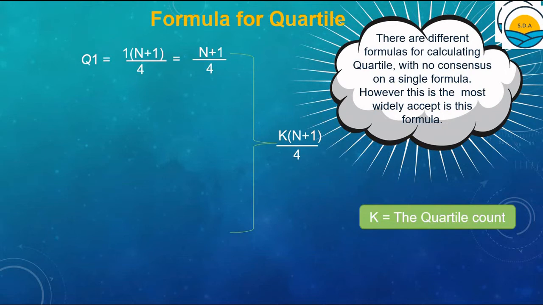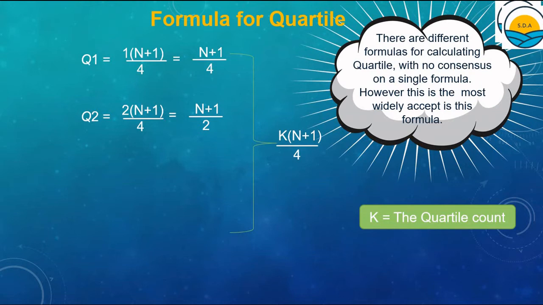Similarly, to find out Q2, the formula will be 2 multiplied by n plus 1 upon 4. And when we simplify this formula, it will become n plus 1 upon 2, because 2 and 4 will cancel each other.